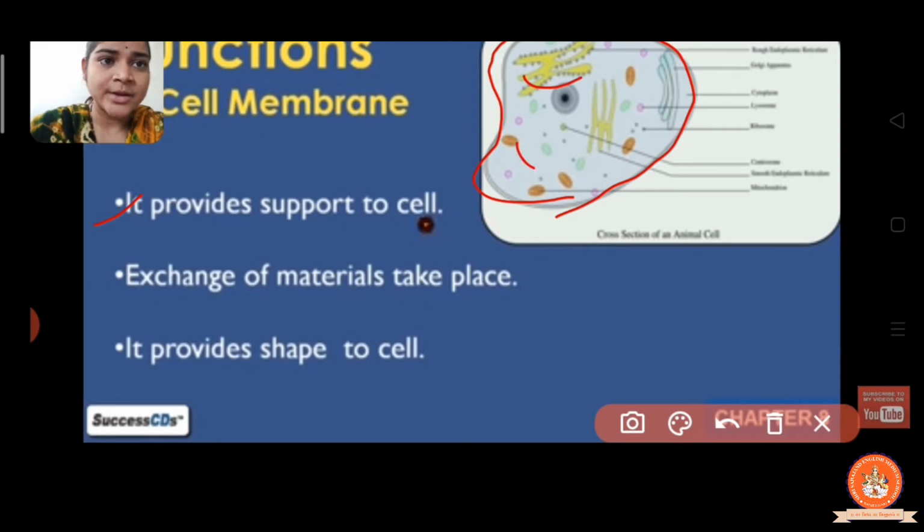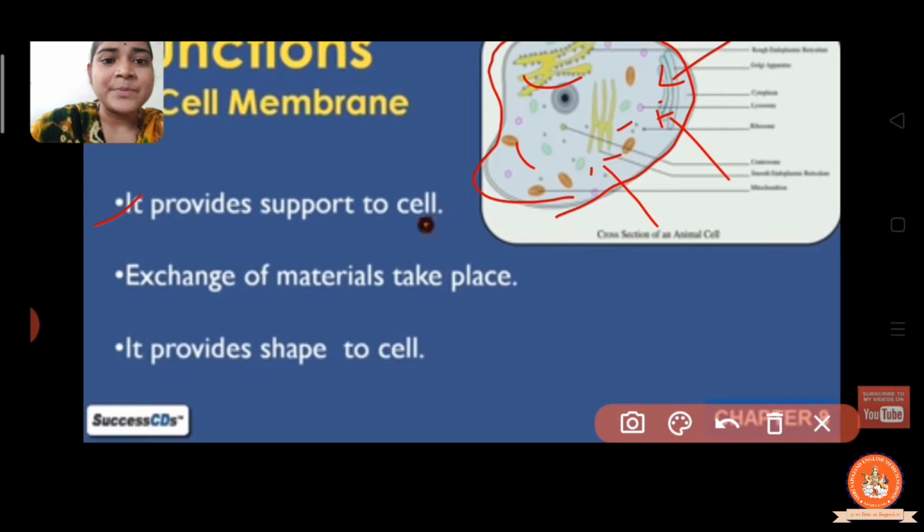These are all the components of the cell, right? And exchange of materials takes place. As I already told you, it is a semi-permeable membrane which allows only selective substances or selective particles to pass through the membrane.